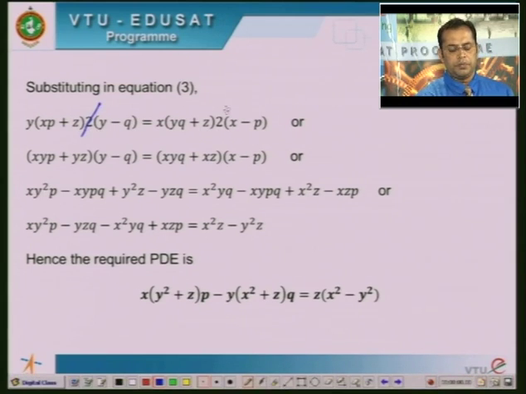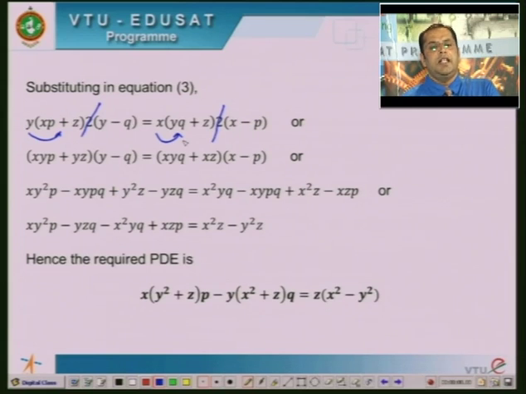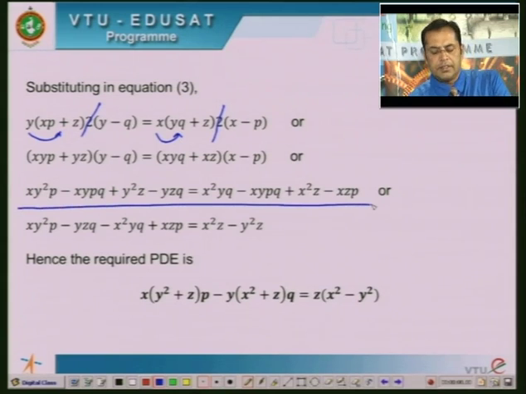Cancel 2 and rearrange. So, I get xy into p plus, taking this y inside, xy p plus yz into (y minus q) equal to, write this x inside, xy q plus xz into (x minus p). Multiply term by term to get this and do the cancellations whichever is relevant.